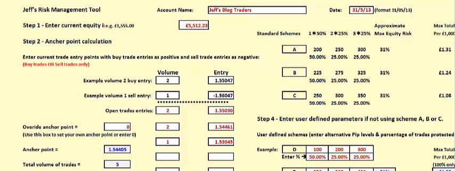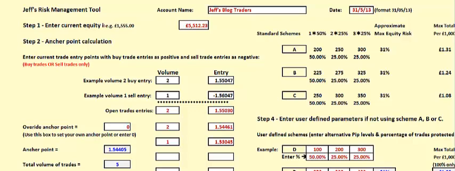The percentage figures underneath the 200, 250 and 300, we've got 50%, 25% and 25%. What this means is that we're going to defend 50% of our volume of trades on the first line of defense and 25% on each of the other two. So overall, between these three lines of defense, we will be defending 100% of our trades.